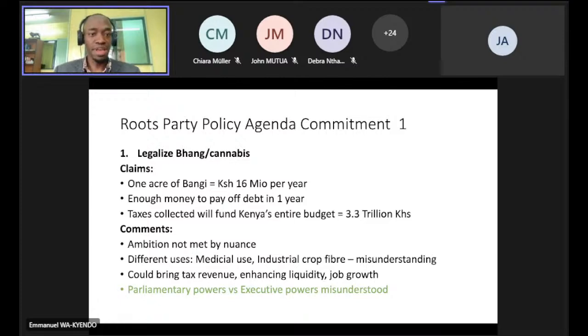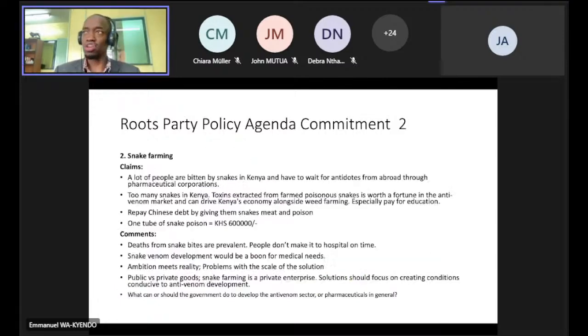The second commitment is much like the first, snake farming. Wajakoya talks alternatively about farming snakes and obtaining snake venom. It's not absolutely clear whether the two should come together. And again, there is the idea of raising enough revenue to pay off the debt.